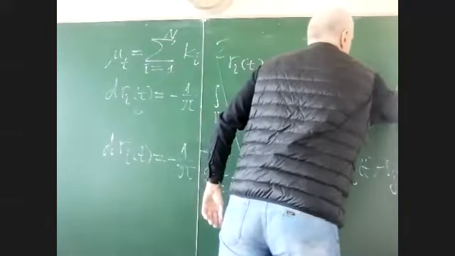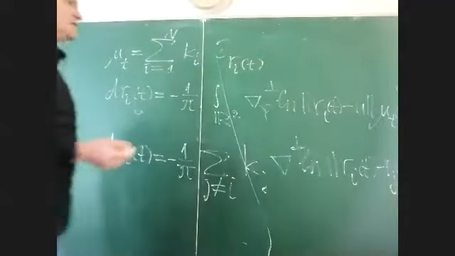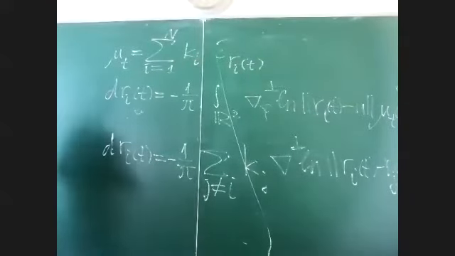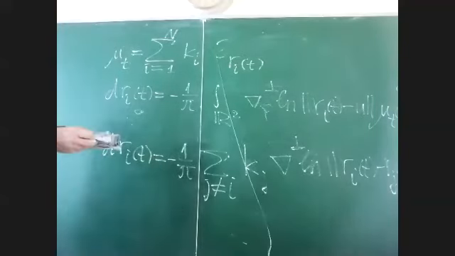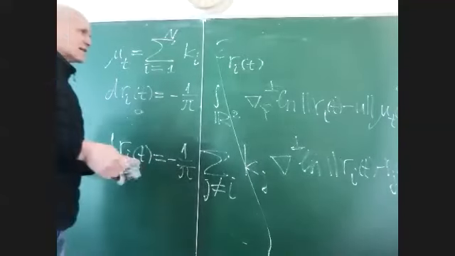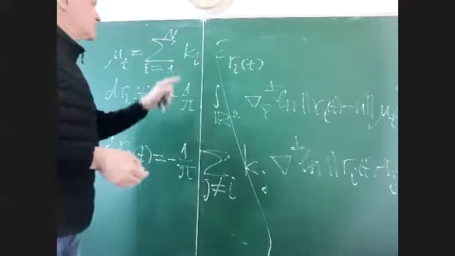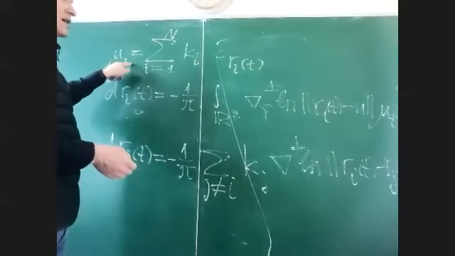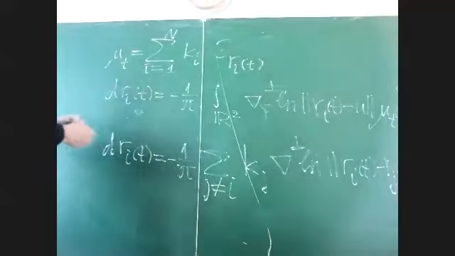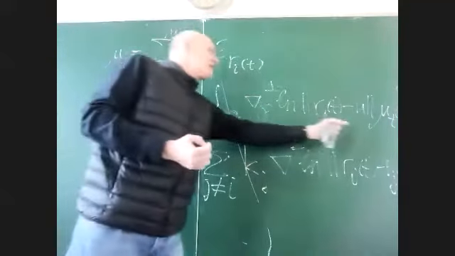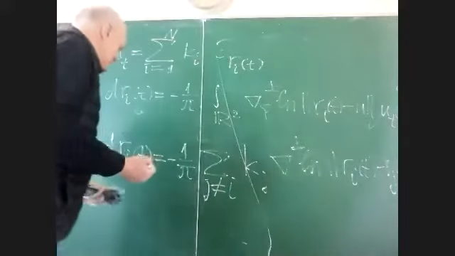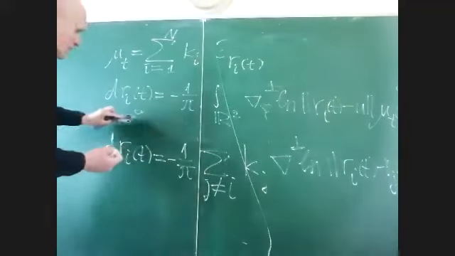Then we have such an expression, and when we consider it, one can understand that this measure mu_t can be obtained as an image of the initial measure under some mapping.